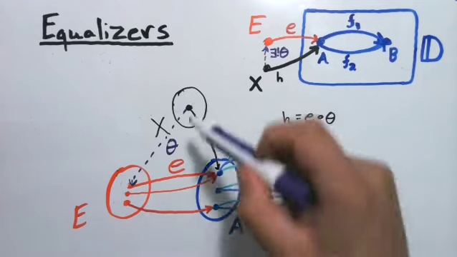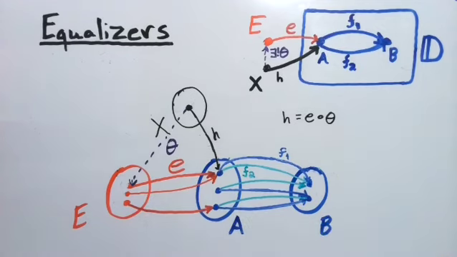Well then, all the commutativity properties hold, right? This is still a cone, H is still a cone, E is still a cone, and there is a theta that allows this triangle to commute. However, there's actually another theta that allows that triangle to commute, right?